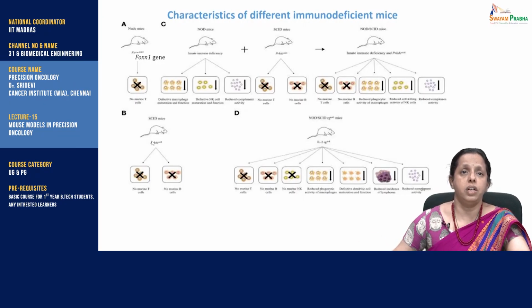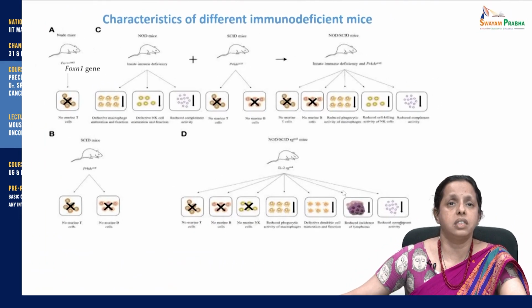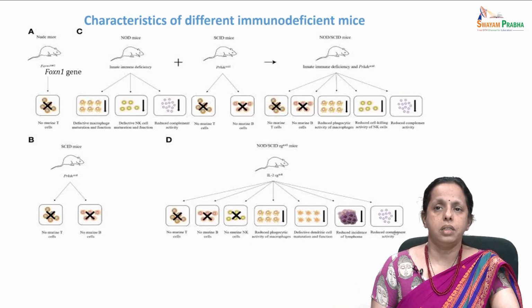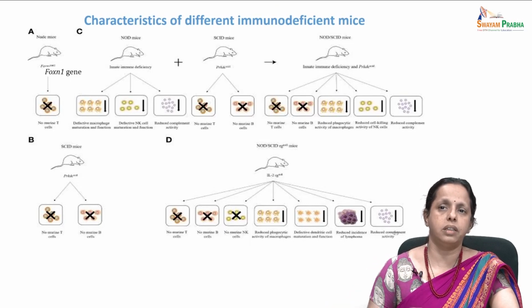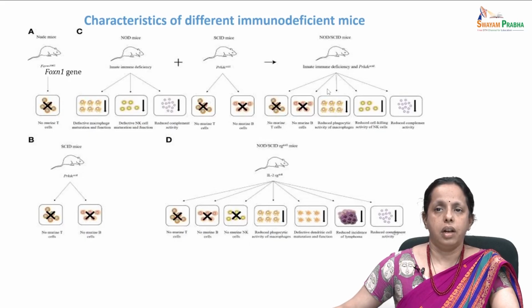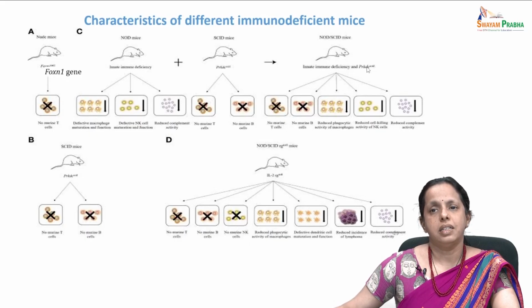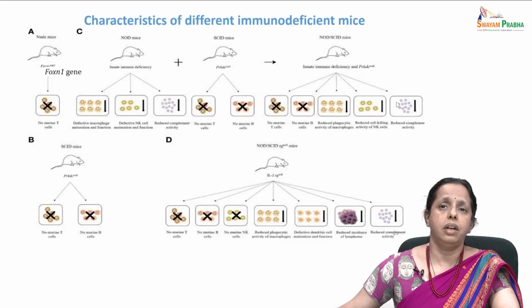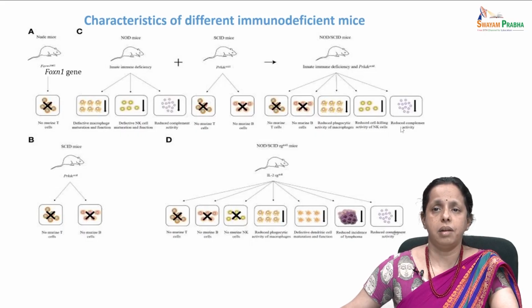The SCID mutation has then been introduced into non-obese mice with natural killer cell defects, to obtain the NOD or the NOD SCID mice, forming the third stage of immunodeficient mice. However, these mice exhibit a high frequency of spontaneous thymic lymphoma and short life cycles as well as partial NK cell activity. Therefore, their application as a humanized animal model has been limited.